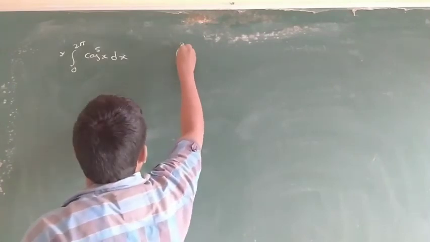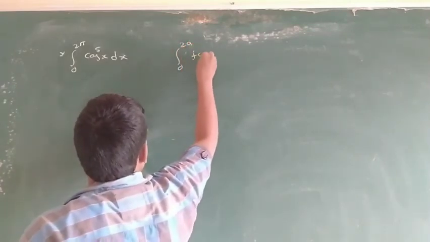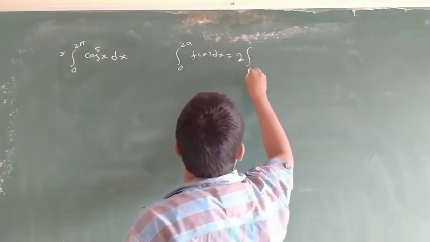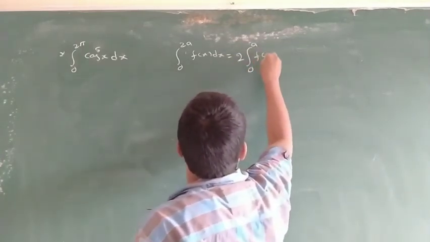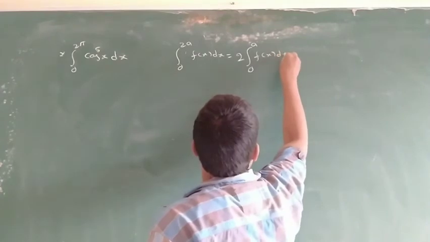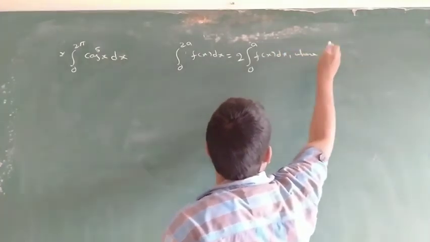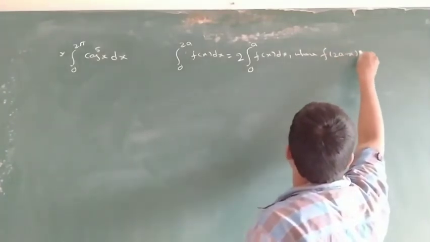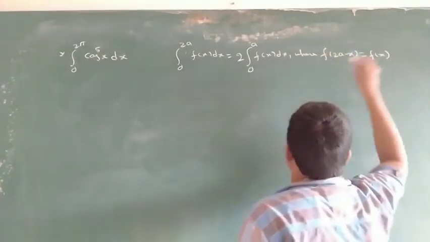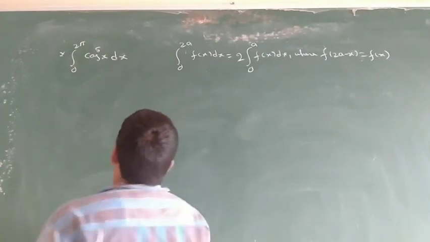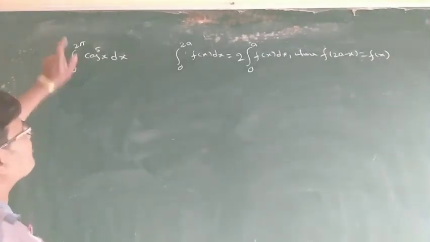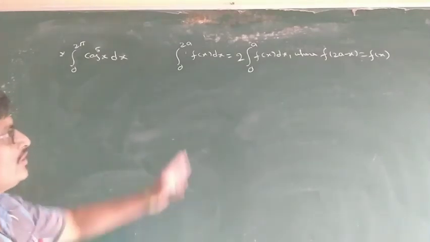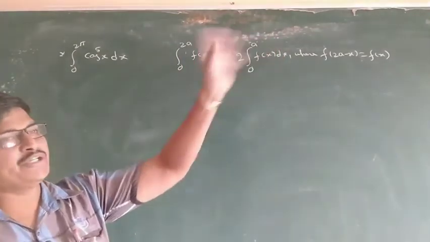Integral 0 to 2a of f of x dx is equal to 2 into integral 0 to a of f of x dx, when f of 2a minus x is equal to f of x. Here 2a is equal to 2 pi. Then we continue the process.